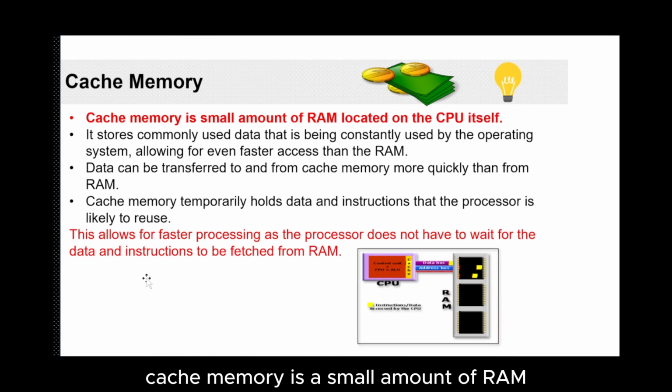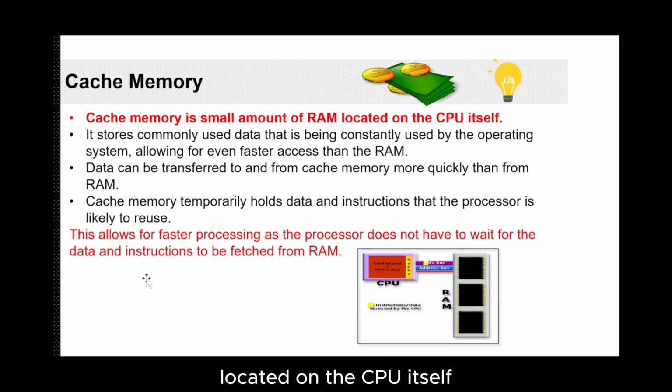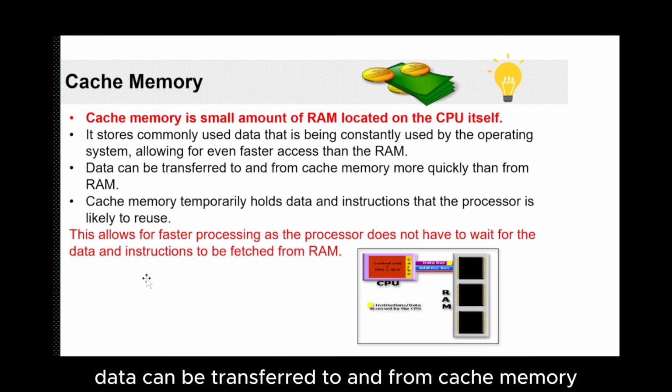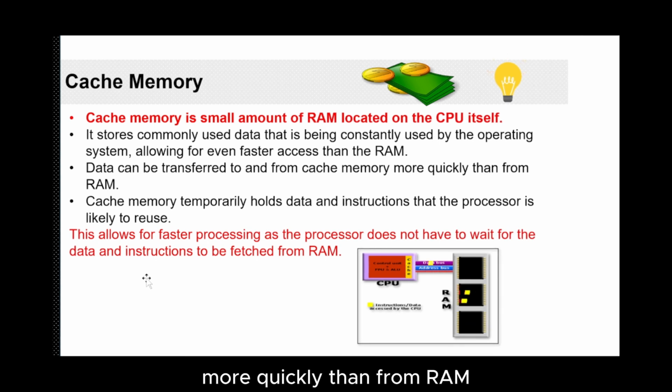Cache memory is a small amount of RAM located on the CPU itself. It stores commonly used data that is being constantly used by the operating system, allowing for even faster access than the RAM. Data can be transferred to and from cache memory more quickly than from RAM.